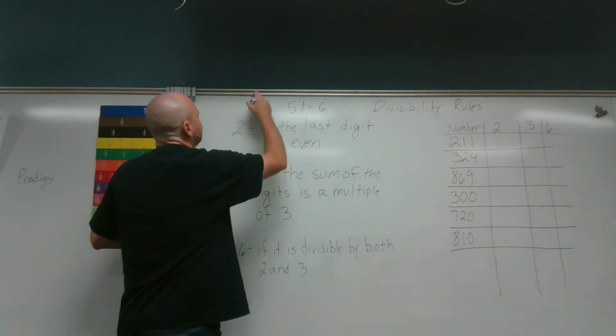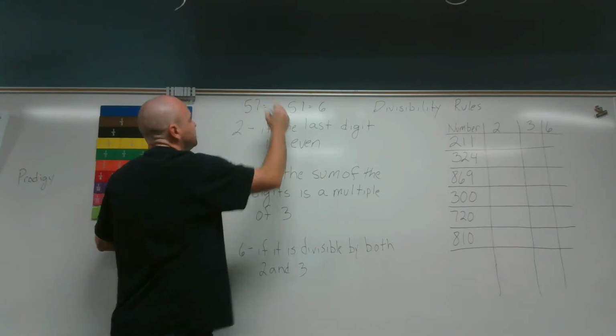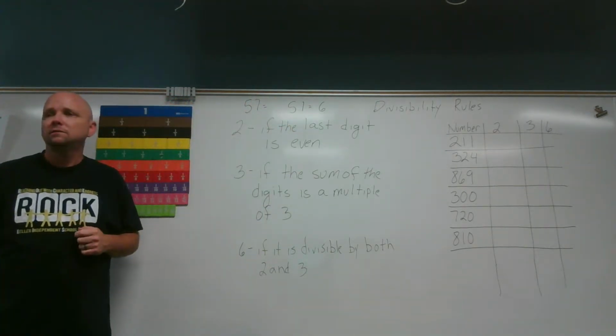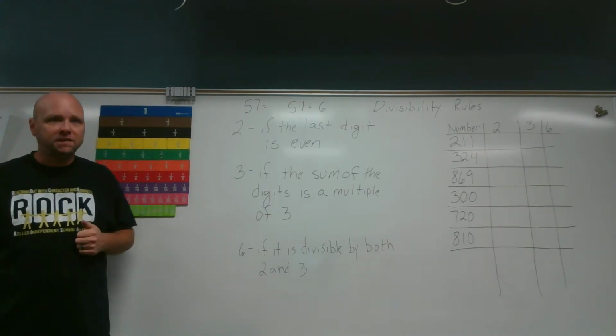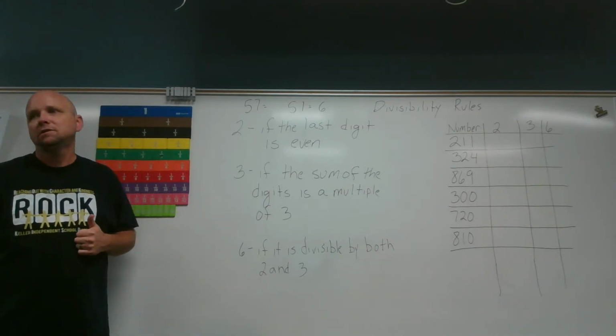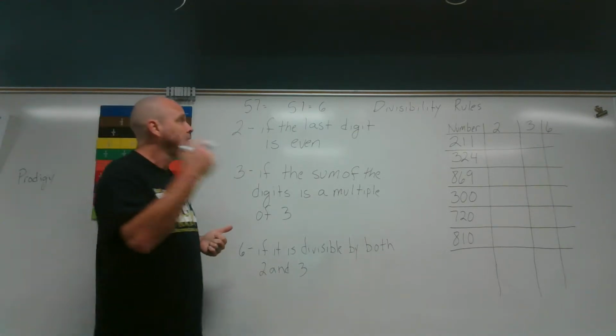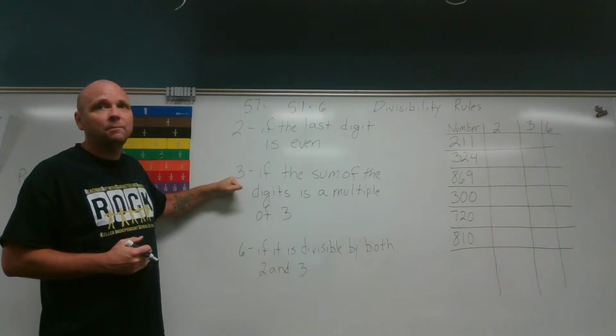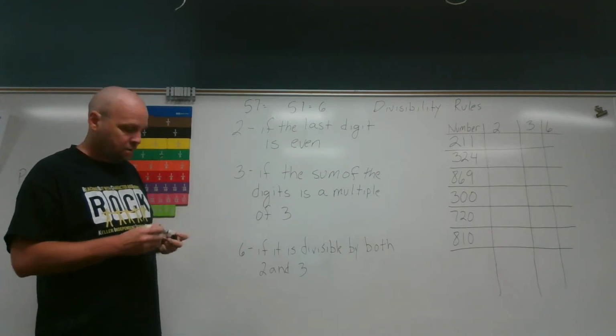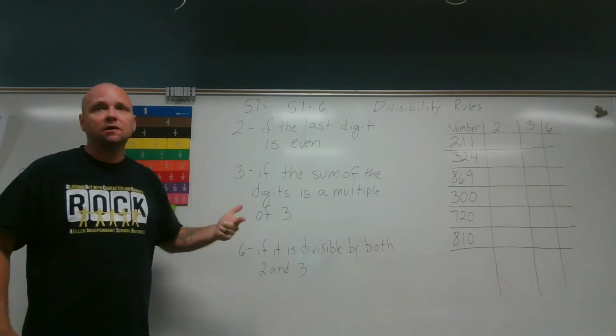What about 57? Is 57 a multiple of 3? Yes. What's the sum of the digits? 12. And if 3 divides into them, they cannot be prime, because prime numbers only have 1 and themselves.